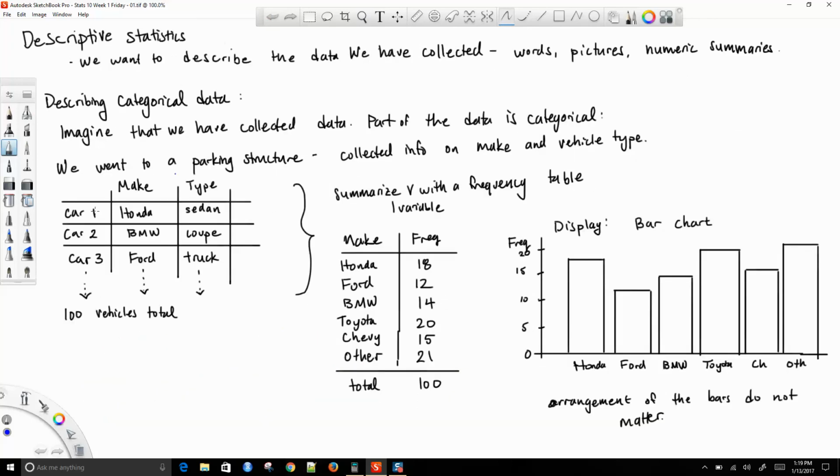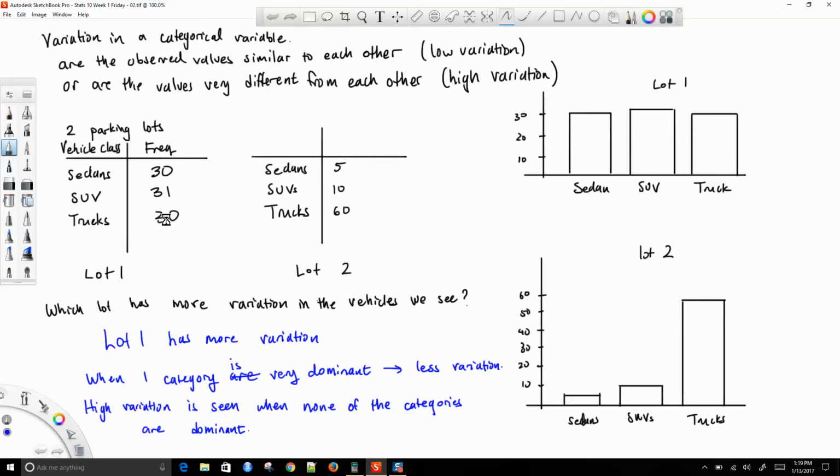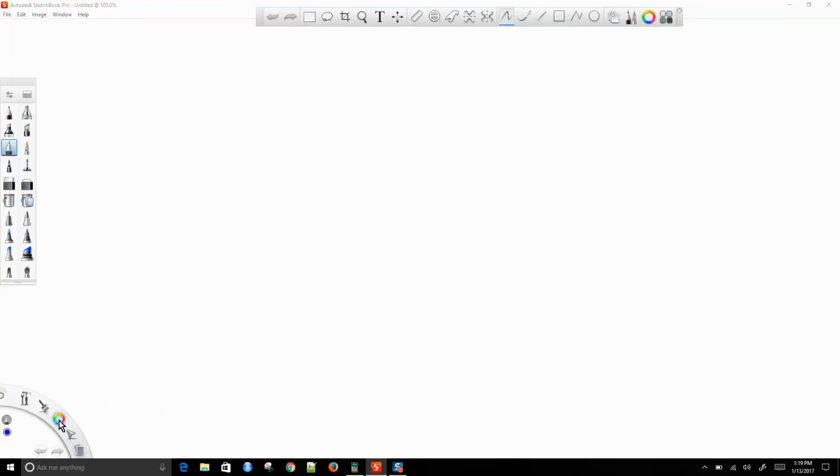Here in our table, we collected information on 2 categorical variables. We can summarize that information, and we can summarize 2 categorical variables with what we call a two-way table.